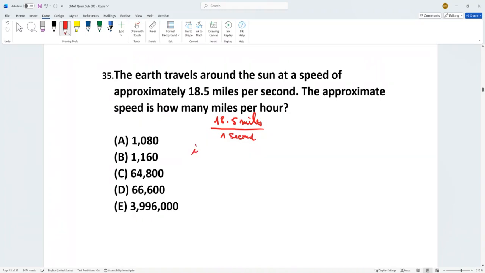We can use the rule of 3 and say if 1 hour gives us 3,600 seconds, then x will give us 1 second.